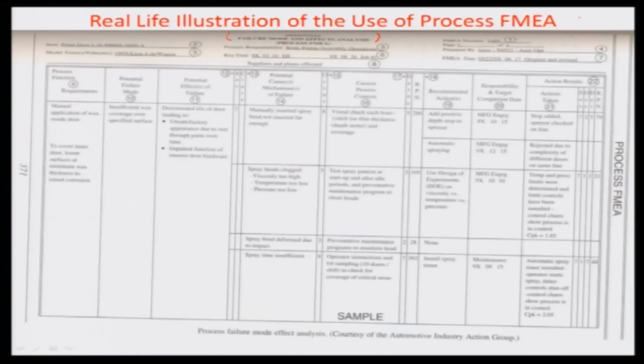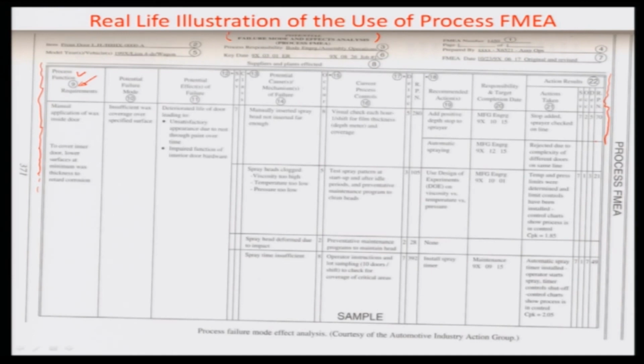We are talking here about a potential failure mode effect analysis process, and the process function that is in this particular slide here, which is corresponding to column 9. This is obviously of a much higher size sheet which has other columns as well, but we are just concerned with only this part of the sheet which talks about the FMEA process.